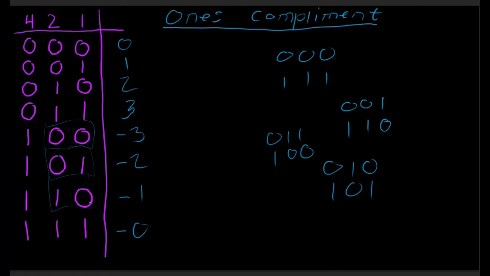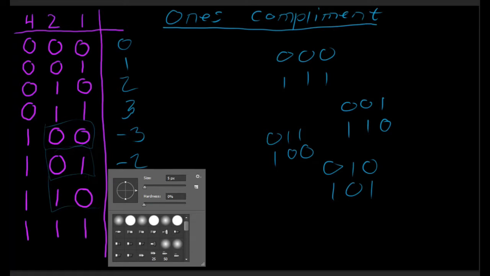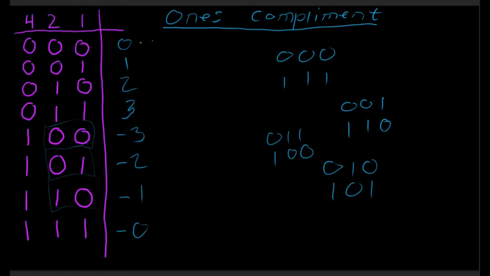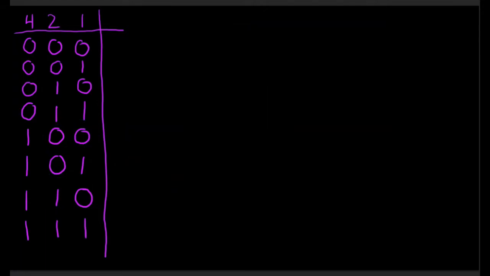So a little bit more intuitive, if you ask me. Maybe it isn't to you, but we still have that double zeros, which is very, very bad. We don't want double zeros. 0 is not a positive or a negative number. It's just a number, right? So let's go ahead and get rid of that one and say no.